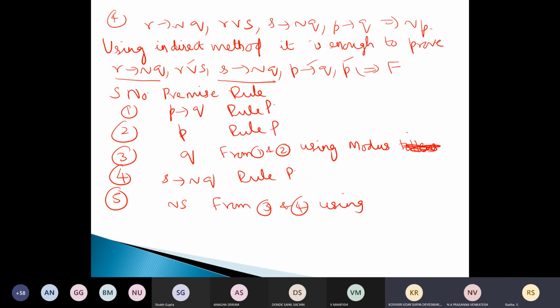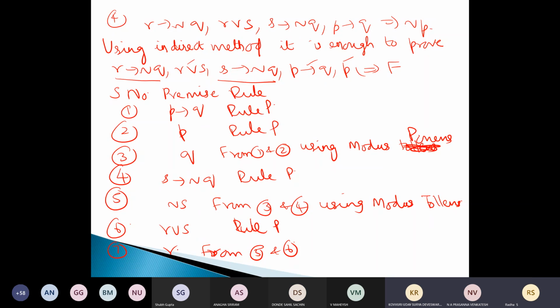Then R or S. From 5 and 6, R. Disjunctive syllogism.